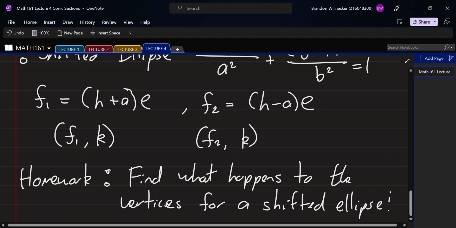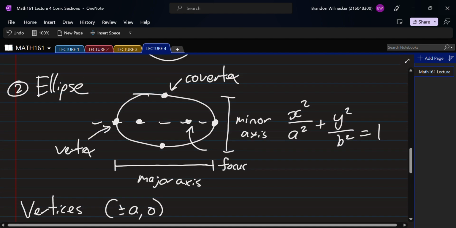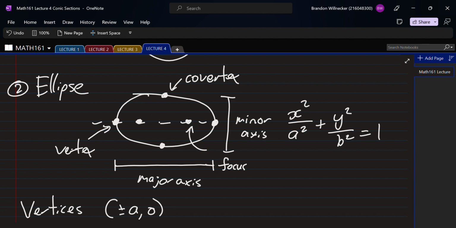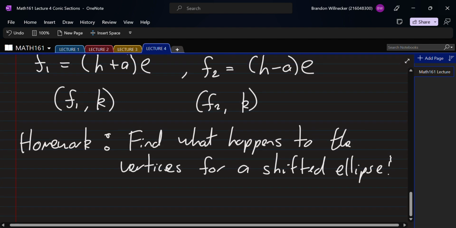Okay, so it's very easy to do. We just need to find the points prior to the shift and then think about what happens to those points after the shifting. Because if we shift an ellipse horizontally and then vertically, every point within the ellipse and on the ellipse will move accordingly. So if we know the points before, what happens after? Okay, so very easy. So I'll leave that for homework.